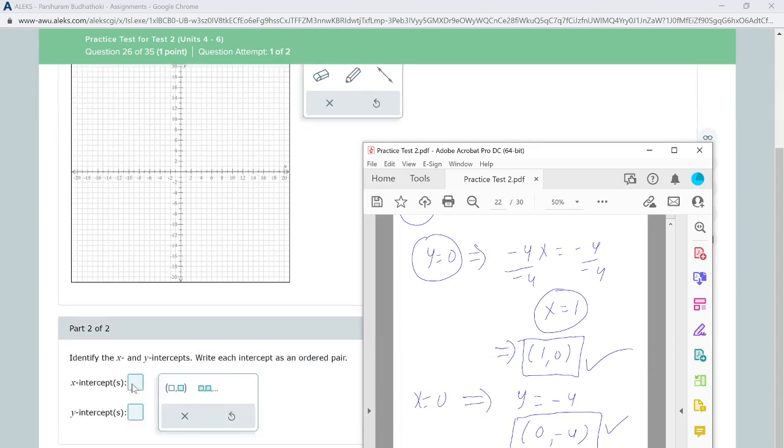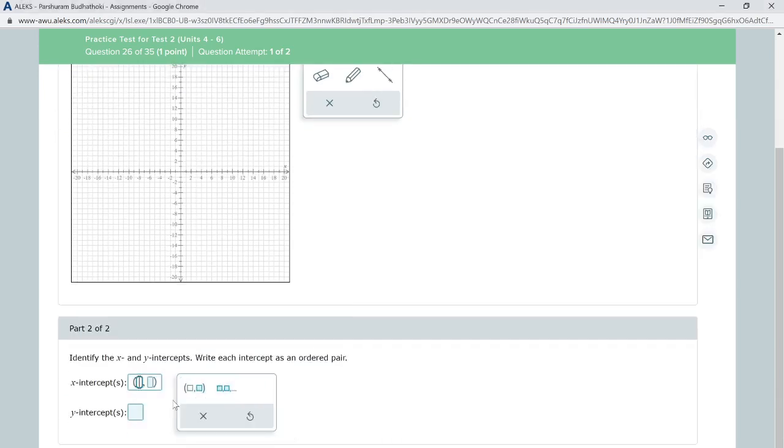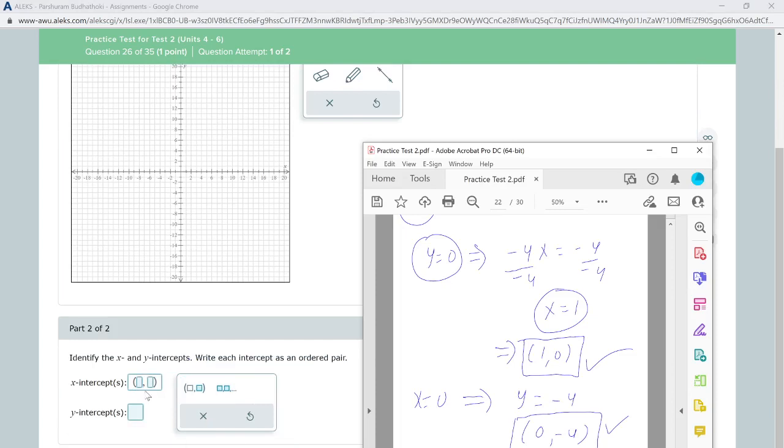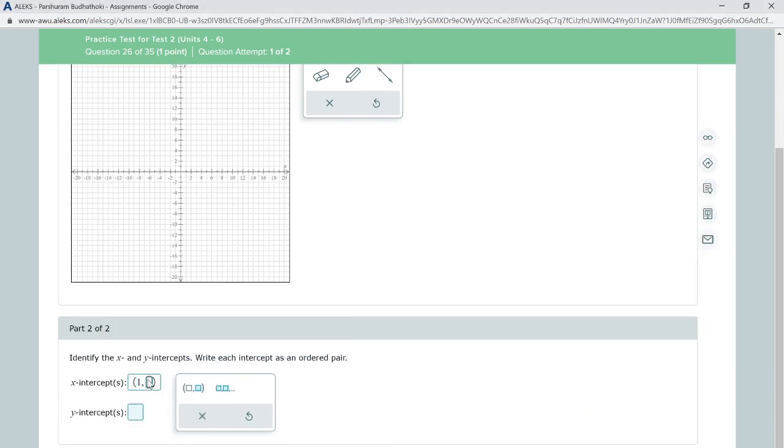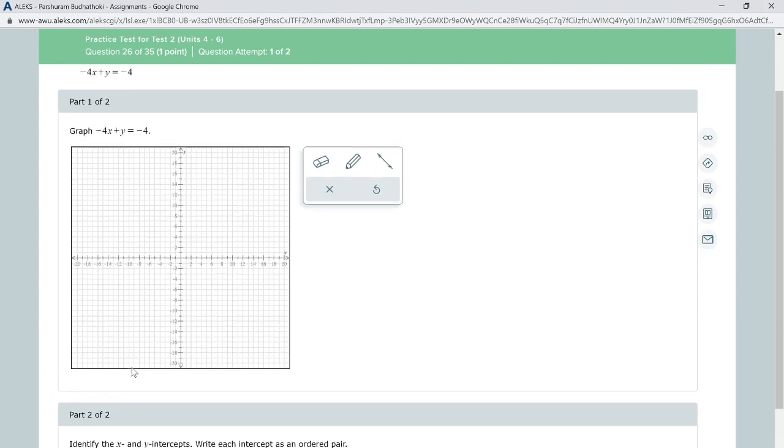So I can use the x intercept, which is 1 comma 0, and I can use the y intercept, which is 0 comma negative 4, and I can use these very same points to plot the graph.